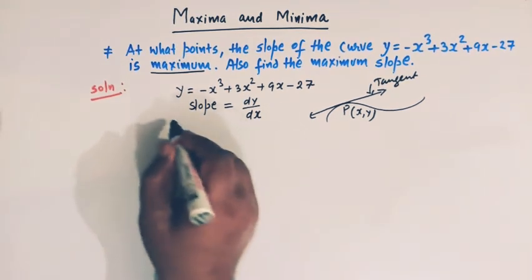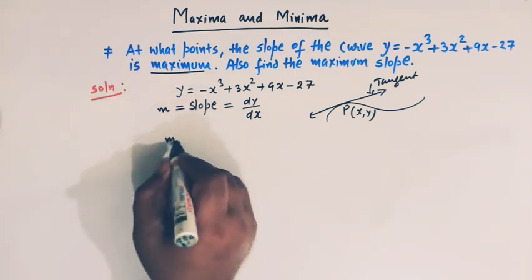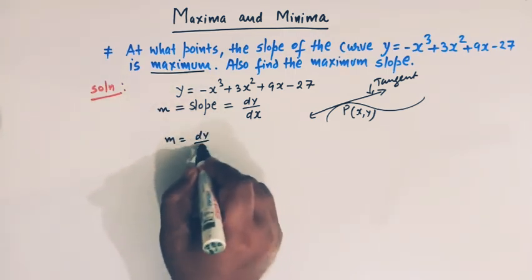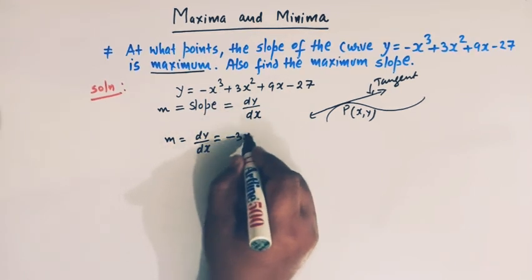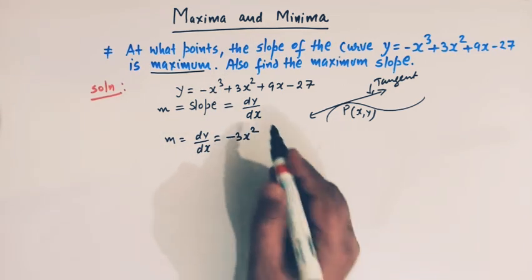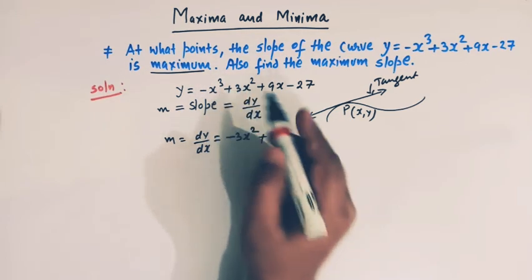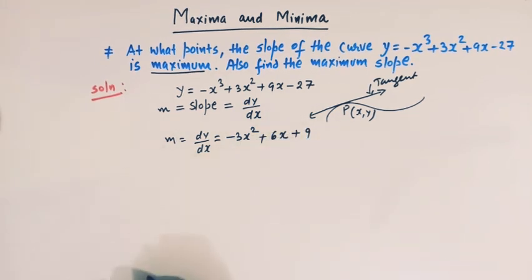Now let us denote the slope by the letter m. So m is dy over dx, and the derivative of this function is -3x square. The derivative of x cube is 3x square, plus this is 6x, and this is plus 9, right?